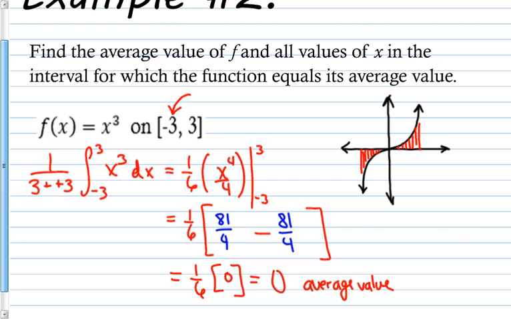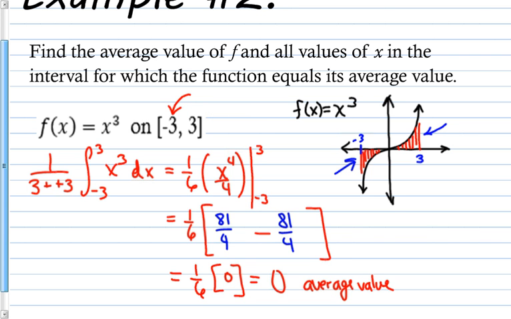And the reason my average value is 0, if you look at the picture, there's a reason I drew it, because I want to give you a visual. The reason it's 0 is because this amount of area is the same amount as here. This is 3, and then this is, right here, -3.